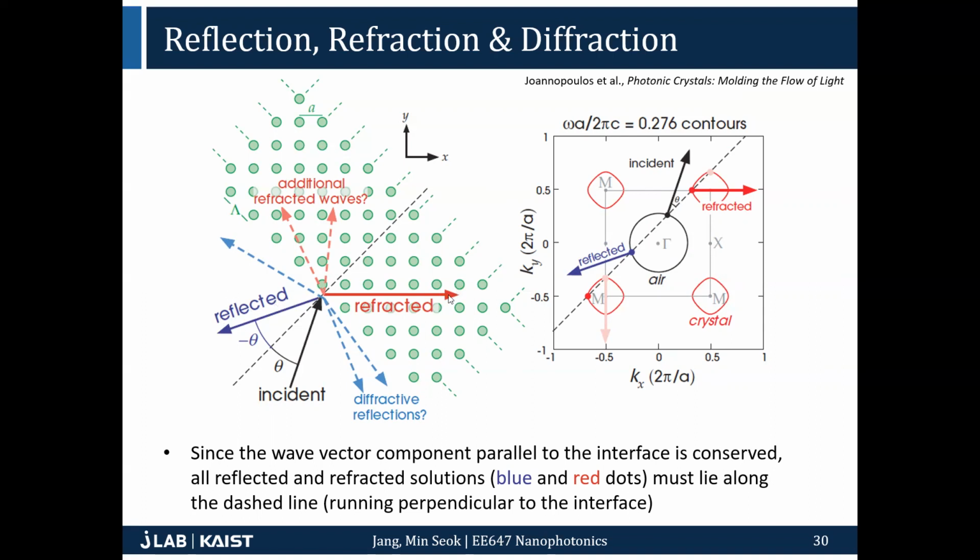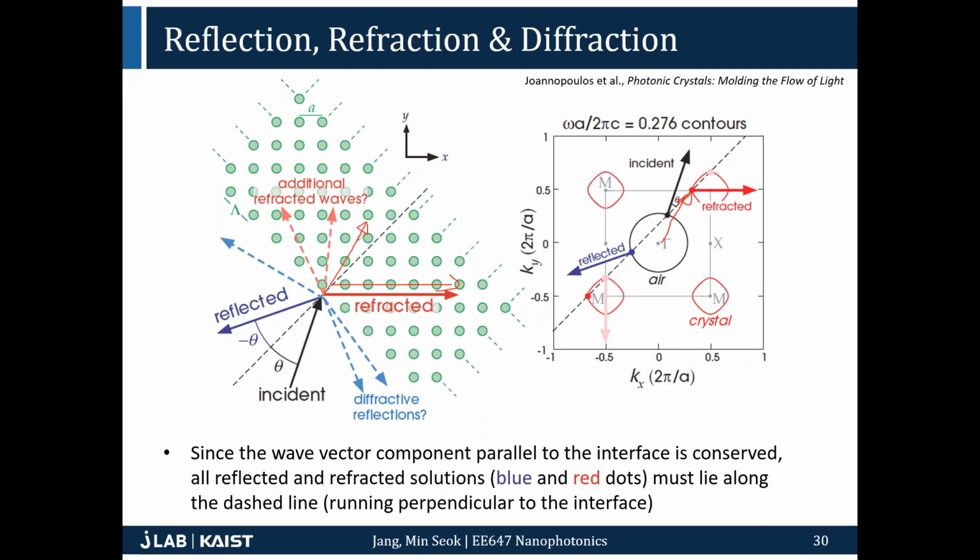But the refracted light has a K vector along this direction, while its group velocity is along this other direction. And if a material has no loss, the direction of group velocity and the direction of energy flow are the same.